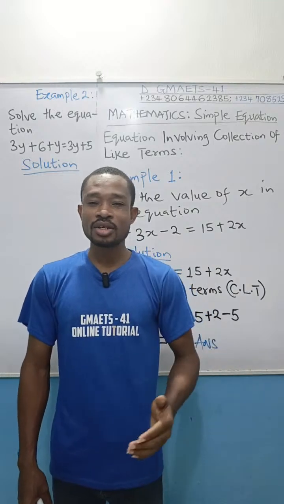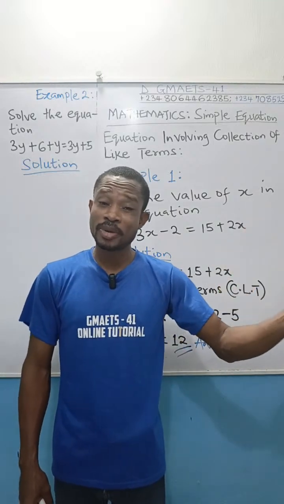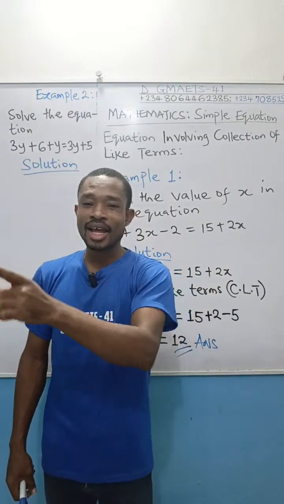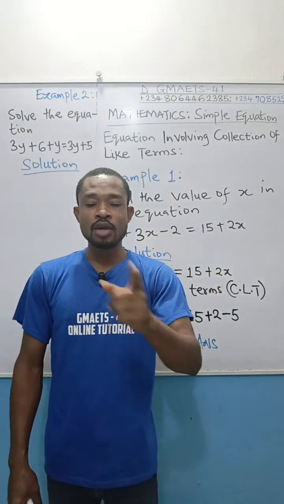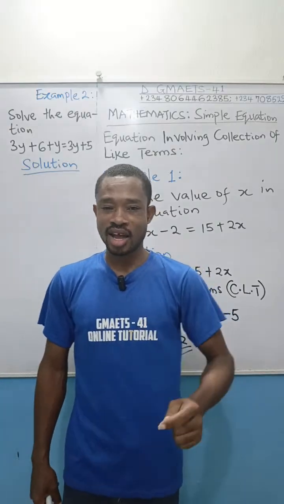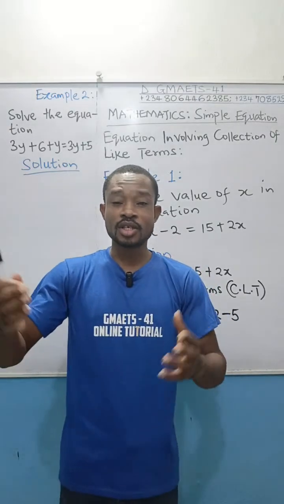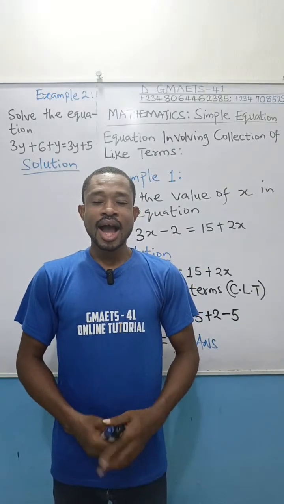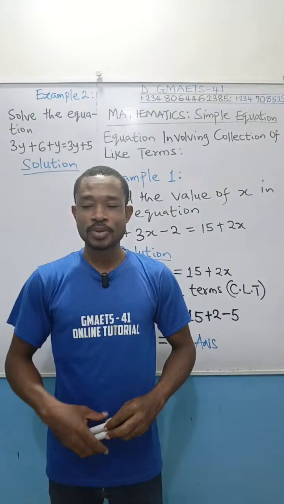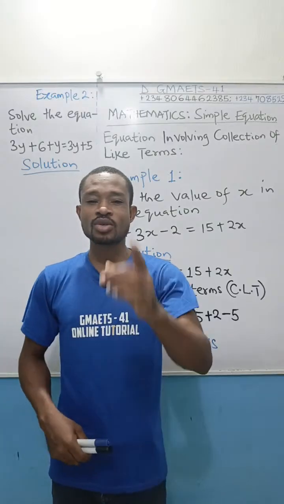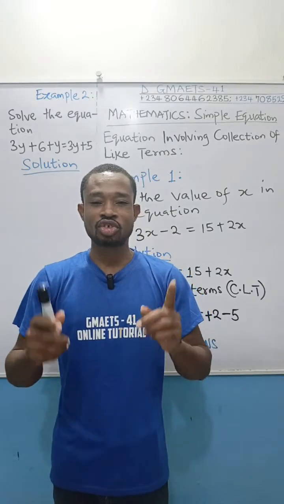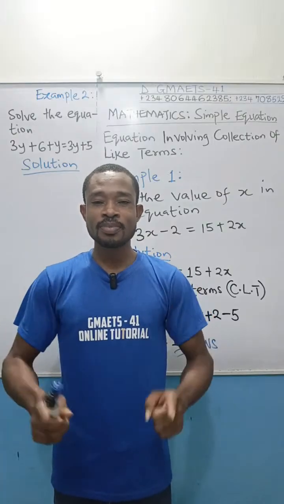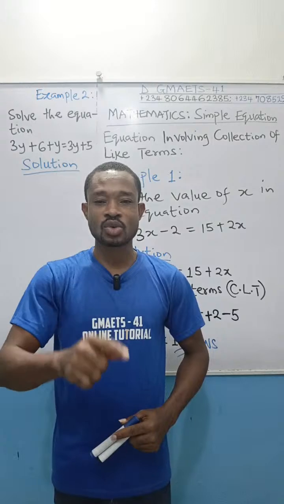Perimeter P is equal to 2 bracket L plus B, or L plus W, where L is length, and B is breadth, or W is width. I can give you the area, for example, give you the breadth, and ask you to calculate the length of the rectangle. If you do not understand simple equation, you cannot solve that question.